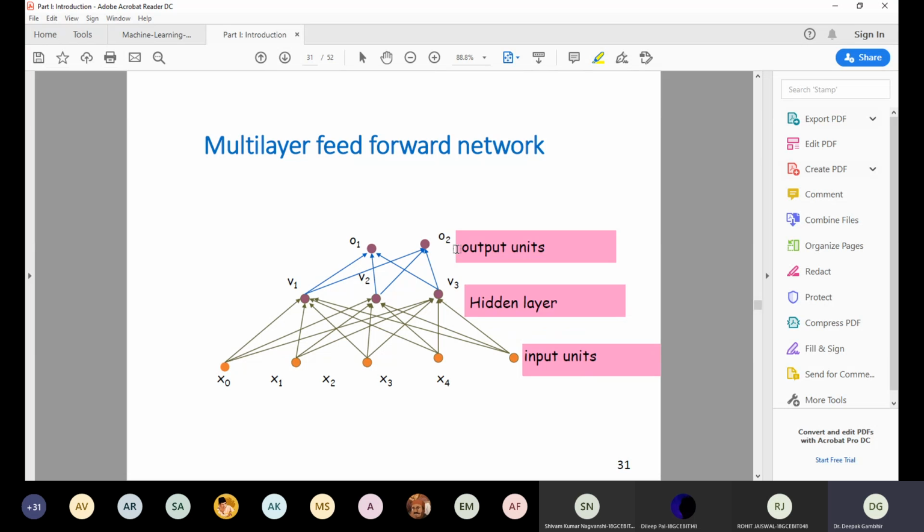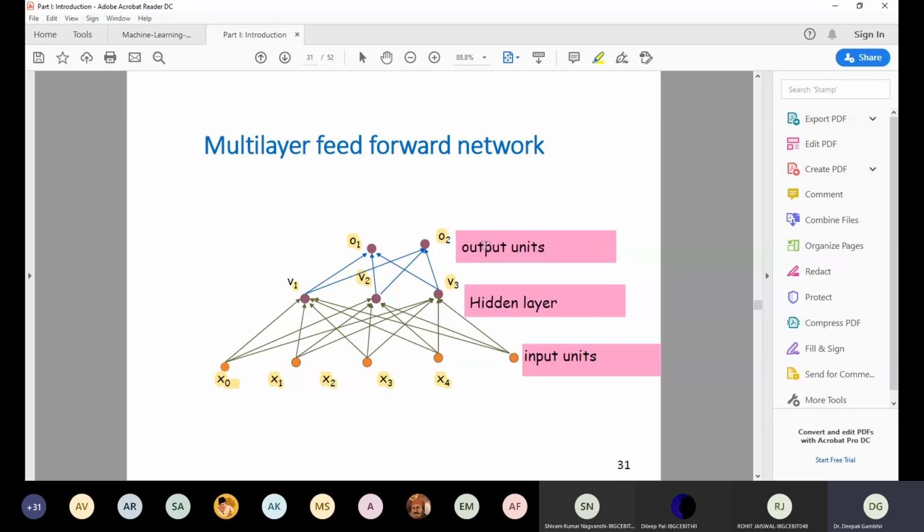This is basically a 532 network, in which there are 5 input units, that is 5 nodes, 3 is the number of nodes in the hidden layer, and 2 are the output units.